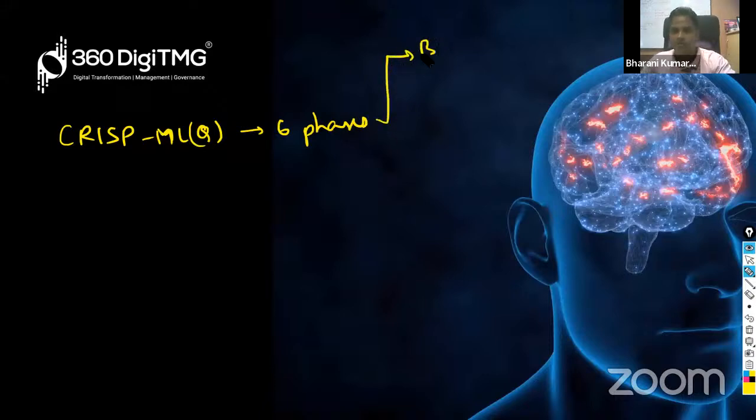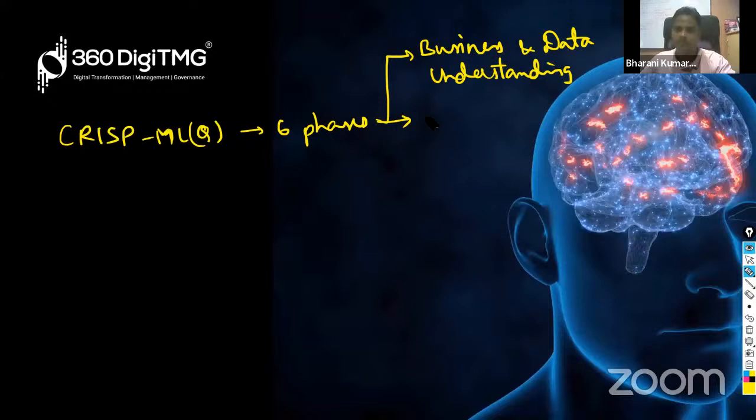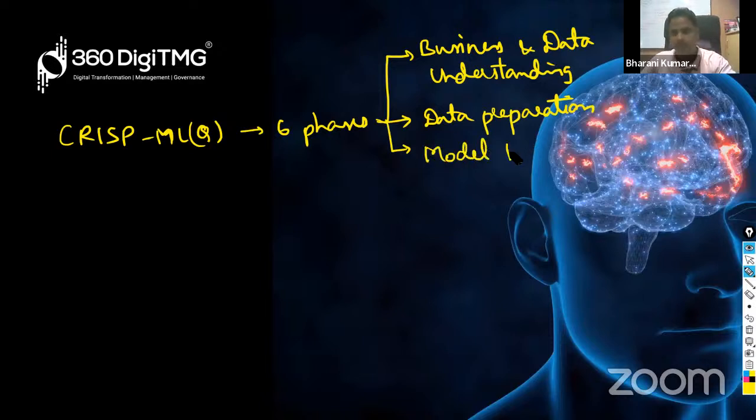Phase 1 is business and data understanding. Phase 2 is data preparation. Phase 3 is model building. Then we have model evaluation.